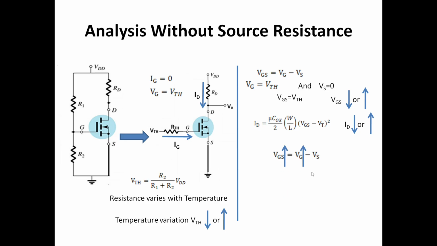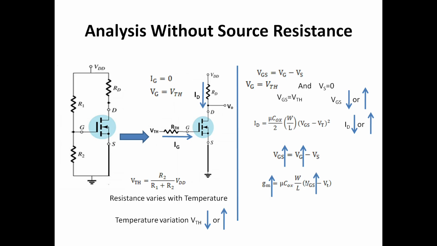So you can see that due to the increase of Vg, the Vgs will increase, so that the drain current will increase. Also the transconductance is dependent on the Vgs. So varying Vgs, the transconductance also varies.